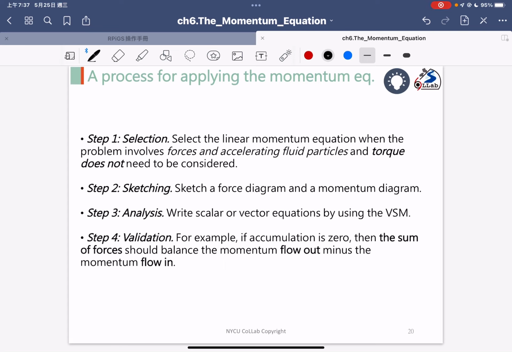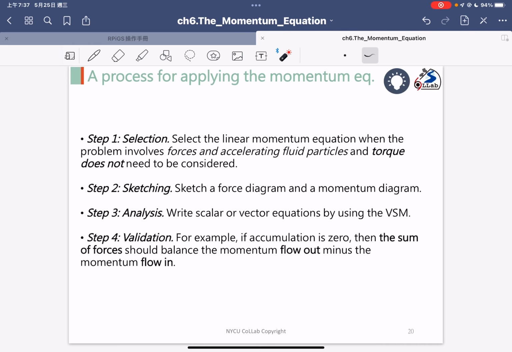So the first one, select the linear momentum equation when the problem involves force and an accelerating fluid particle. That indicates that the sum of these external forces is not equal to 0. And the second, plot the force diagram and the momentum diagram, convert the vector into scalars, and finally validate your answers.